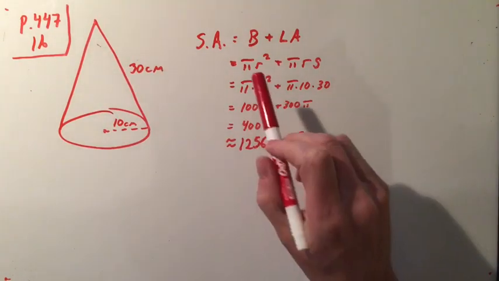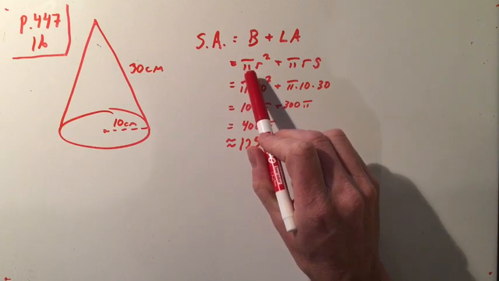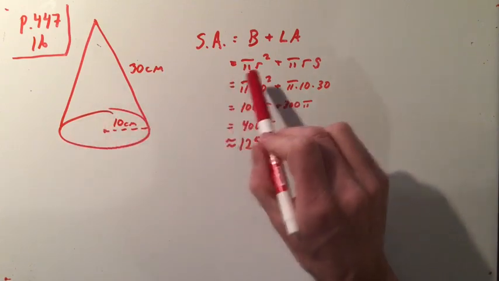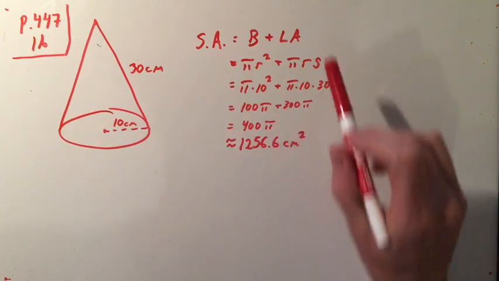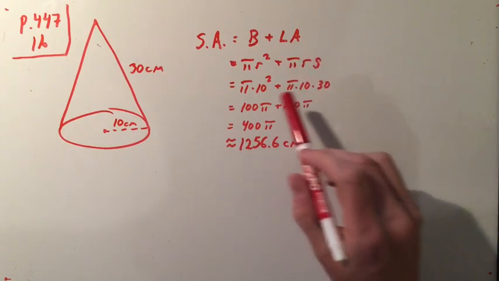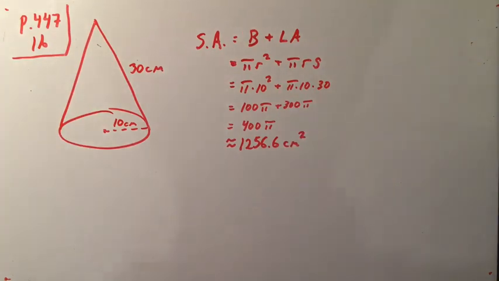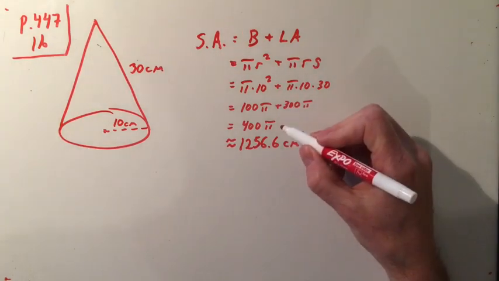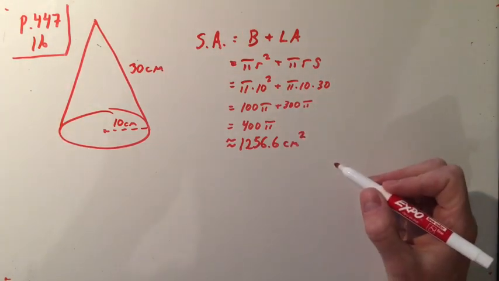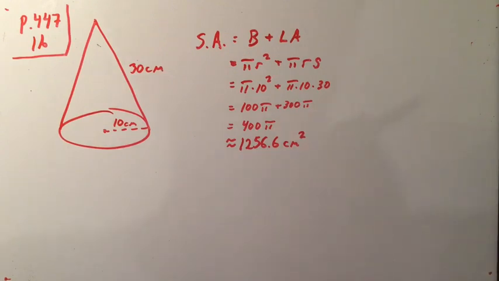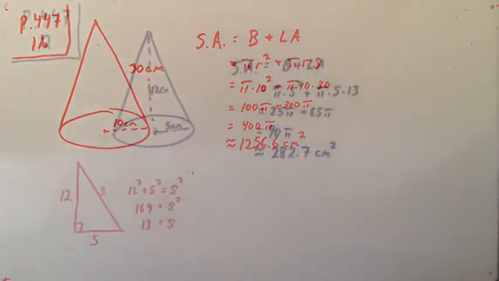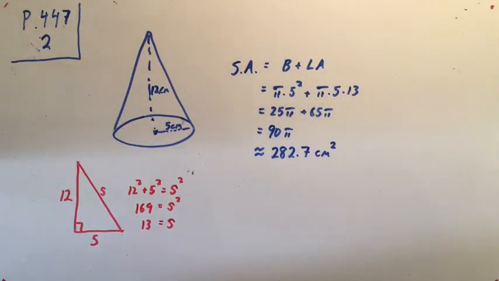So the base area is just going to be a circle every single time, so we're looking at pi r squared, and the lateral area is pi r slant height. We just plug in our 10 for the radius and our 30 for the slant height, and we get all the way down to here where the exact value is 400 pi centimeters squared, which is approximately 1,256.6 square centimeters.